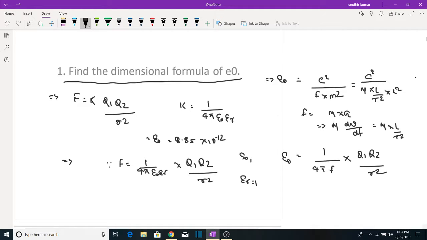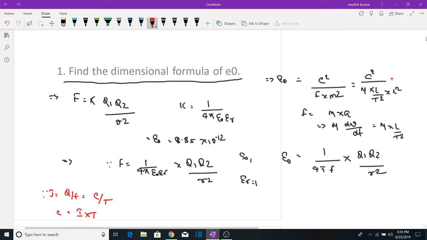Clear? Now for Coulomb, we write I equal to Coulombs per time, charge per time, Q upon T. So Coulomb equals I into time.